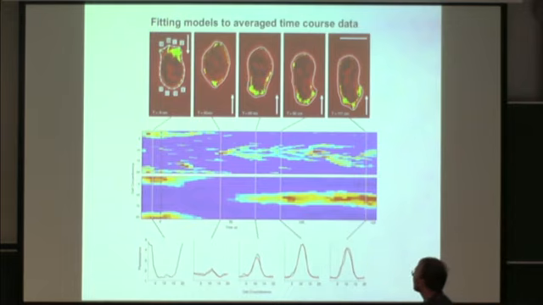And then what we do is, we fit, for example, the Meinhardt model here to the entire spatio-temporal process, okay? So here you see individual time points, but we fit to the entire sequence, and this is done in a very simple way.